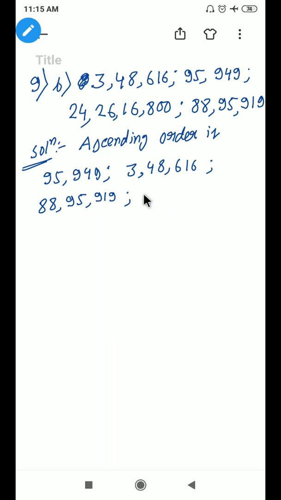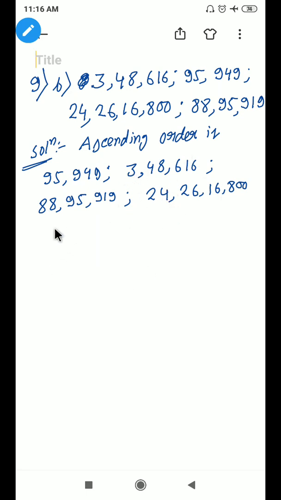Now the next one is 24 crore 26 lakh 16,800 in the last position. Clear? So this is our ascending order.